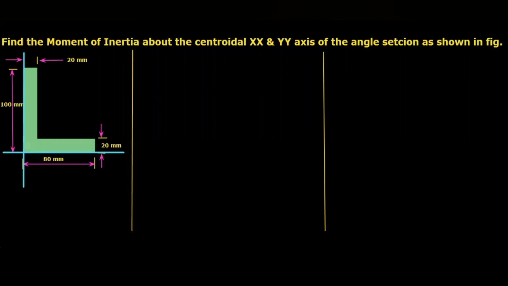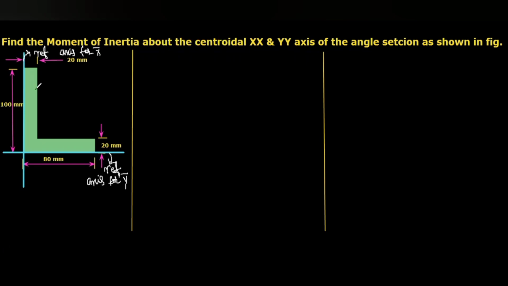So here we can take the bottommost line, that means this one, that is the reference axis for y bar. The leftmost line is the reference axis for x bar.